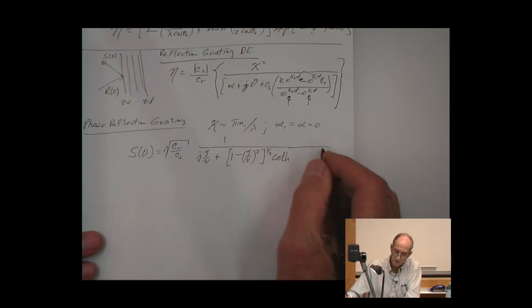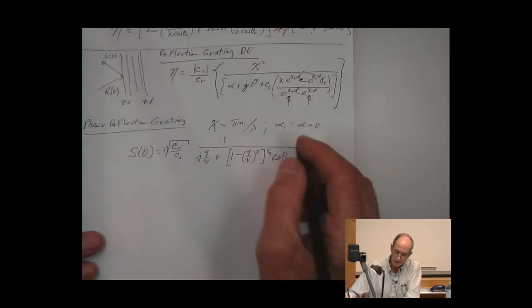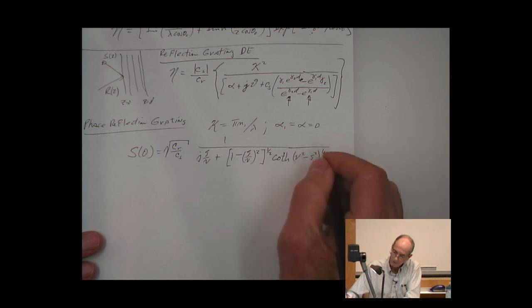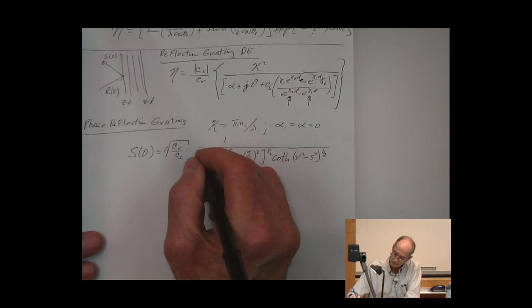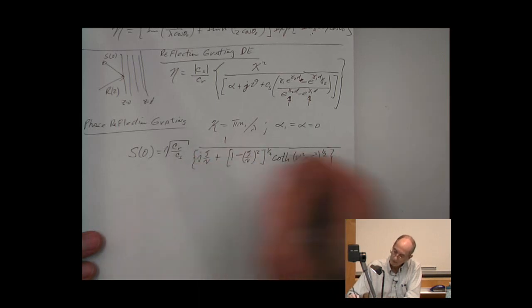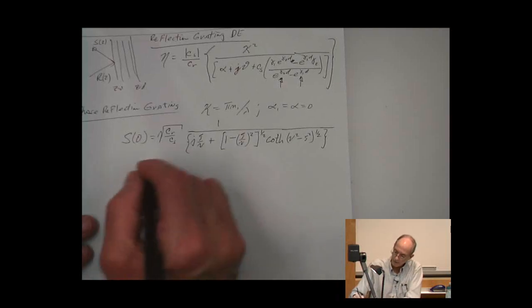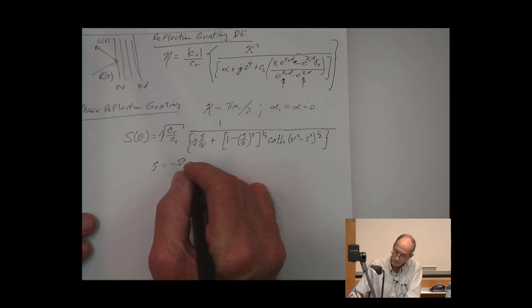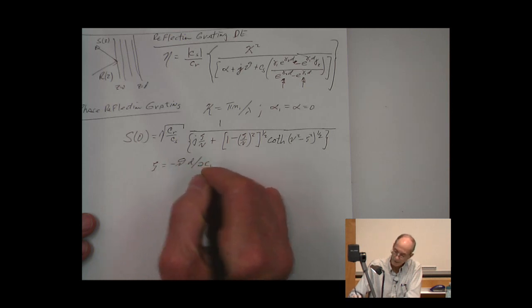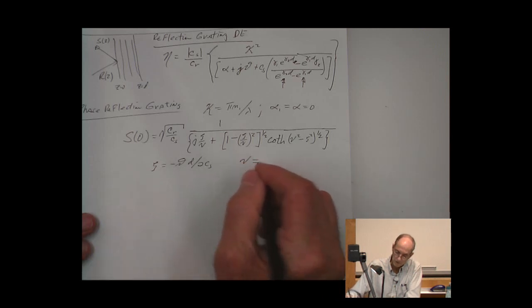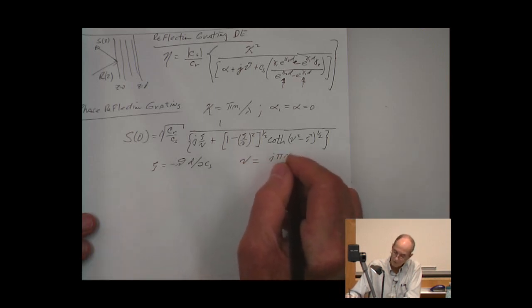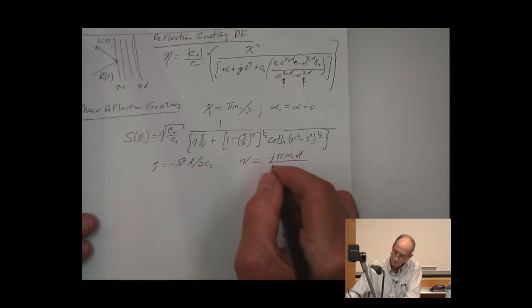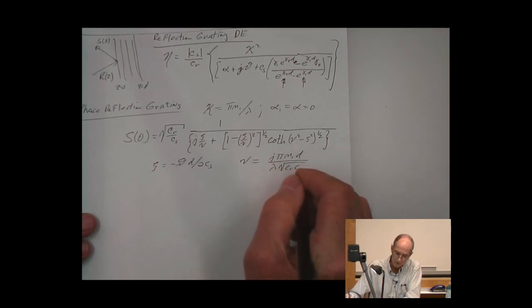It's kind of messy because we had all these gammas in here. We're almost there: nu squared minus chi squared to the 1/2, and all of this is in the denominator. And we have psi equal to minus the detuning parameter d over 2 c sub s, and nu equal to j pi n1 d over lambda square root of c sub r c sub s.